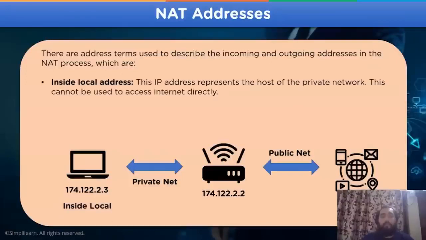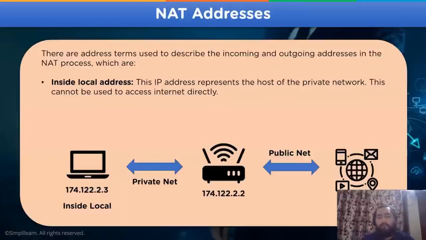The first term that is used is known as inside local address. This IP address represents the host of the private network, and this cannot access the internet directly unless provided by an ISP server. After we have the inside local address, through the private network, we share it with the router.